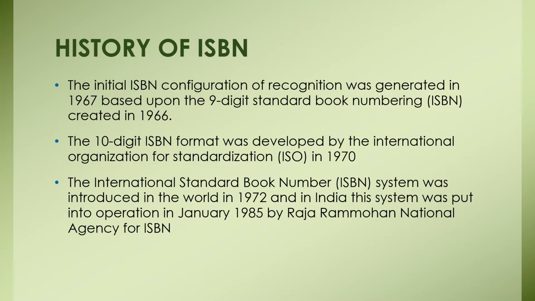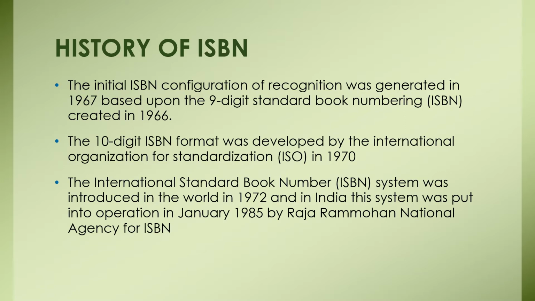So to further discuss the International Standard Book Number, we're going to proceed first with its history. The initial ISBN configuration of recognition was generated in 1967 based upon the 9-digit Standard Book Numbering, or SBN, created in 1966.